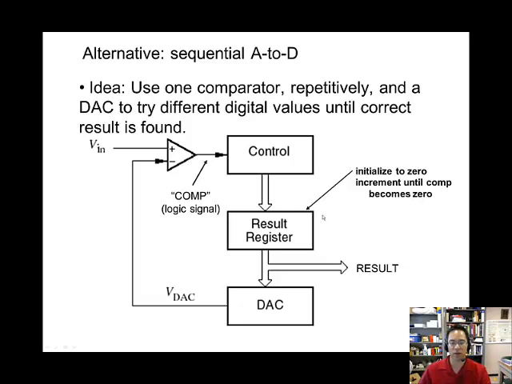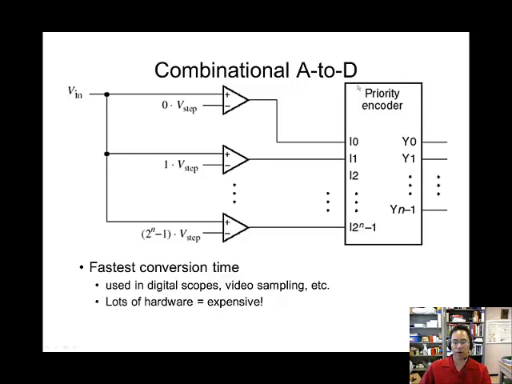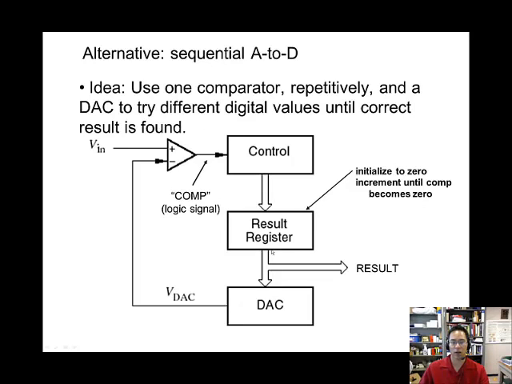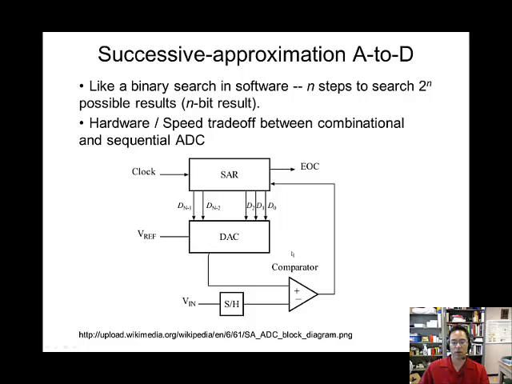Instead of doing an all parallel version, going back one slide to the combinational A to D, or all serial using a single comparator, what we typically see in most low-cost analog to digital chips is a single comparator where we run essentially a binary search through the voltages, rather than just incrementing or decrementing until we find the right value.